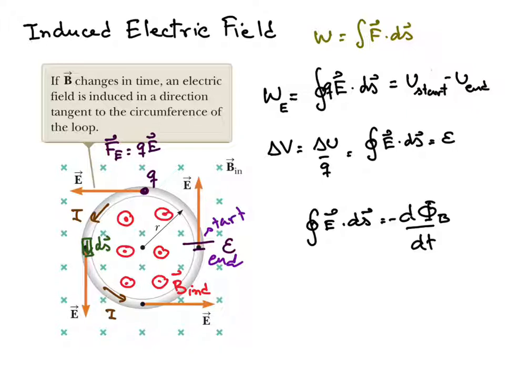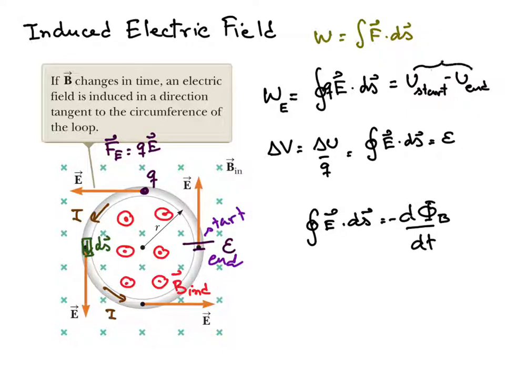Now, if we want to write this in terms of the electromotive force or the voltage difference, by definition, the voltage difference is equal to the change of the potential energy per unit charge. So, if the charge that moves in the circuit is Q, the voltage difference is delta U over Q, and delta U is this change of the potential energy.